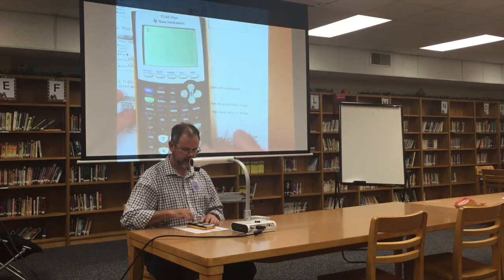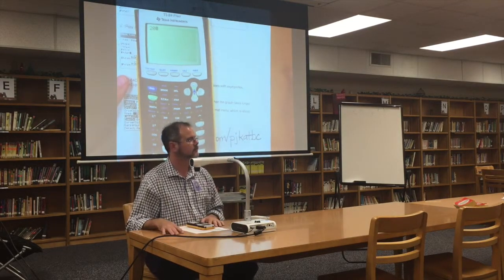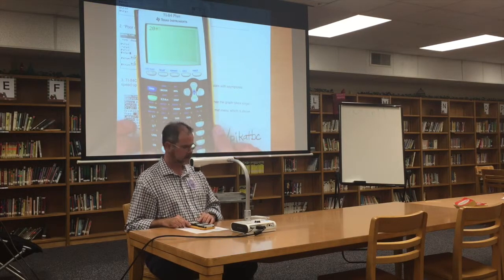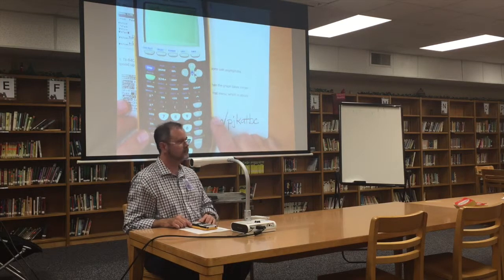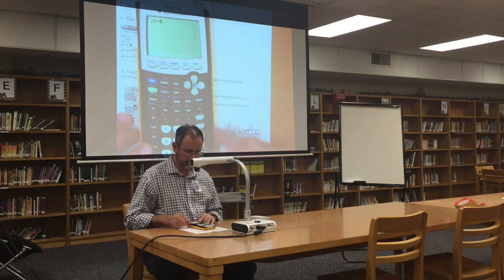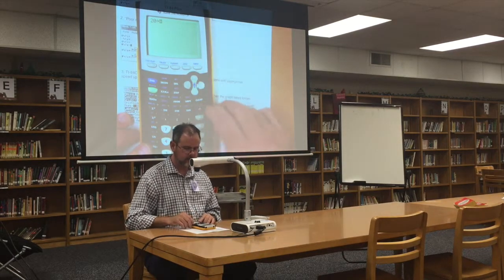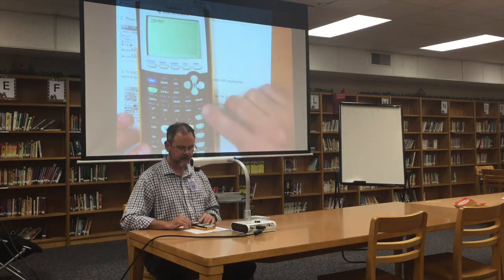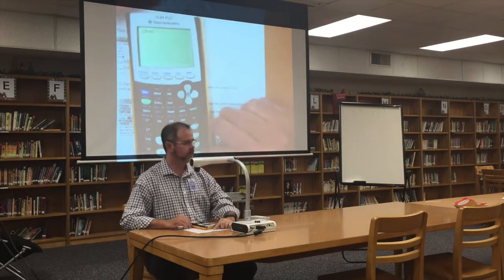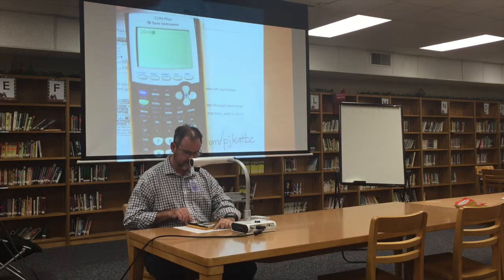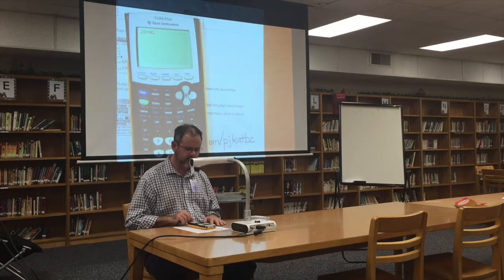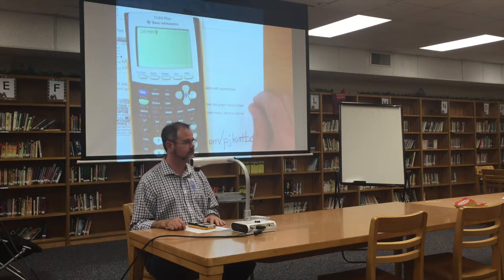So we're going to type in 20. And then the store button. You see that store down here by the 1? And you're going to put in the letter H again, which is alpha, right above the divide sign. Of course, they have a colon up here, and the colon is down there by the decimal, so you have to hit the green button again and put in your colon.